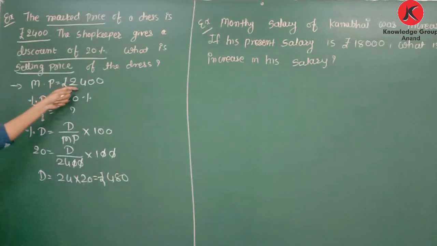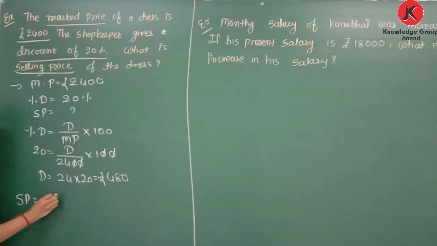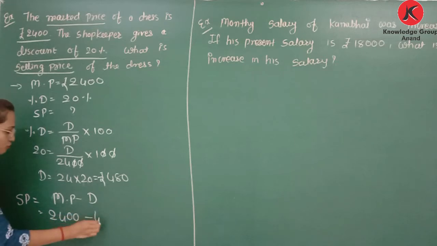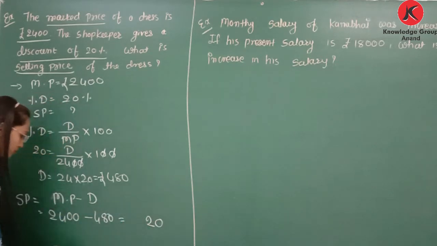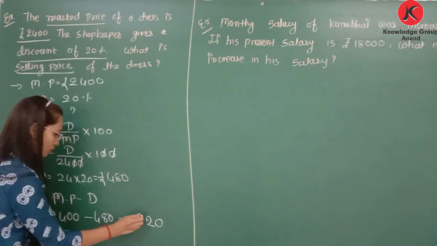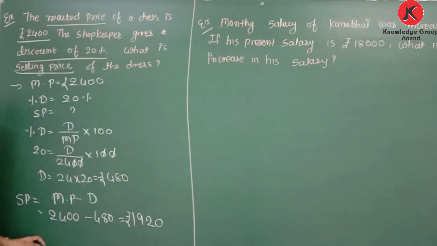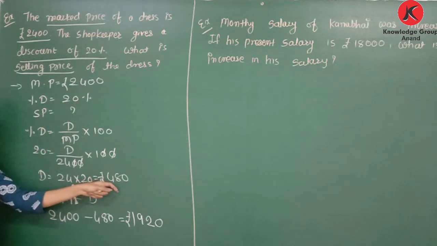Now if on 2,400 we get a discount of 480 rupees, what will be the selling price? That is mark price minus discount. 2,400 minus 480. So that is 1,920 rupees will be the selling price of the item if the discount is 20%, and the discount we get in rupees, that is 480 rupees.